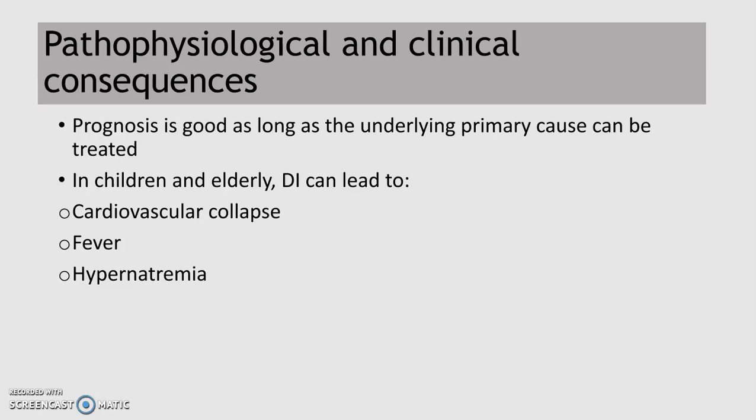This is mainly because this disorder is mainly in children that are really, really young, or elderly people that are really, really old. So they can't really express if they are thirsty or if they have any discomfort related to this disorder. So that's why they will get all of these other symptoms.